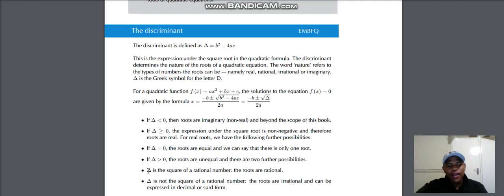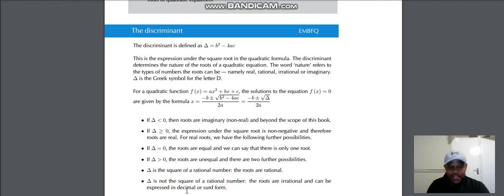The first possibility is that delta is the square of a rational number, and in that case, the roots are rational. The other one is that delta is not the square of a rational number. Therefore, the roots are irrational and can be expressed in decimal or surd form, right?